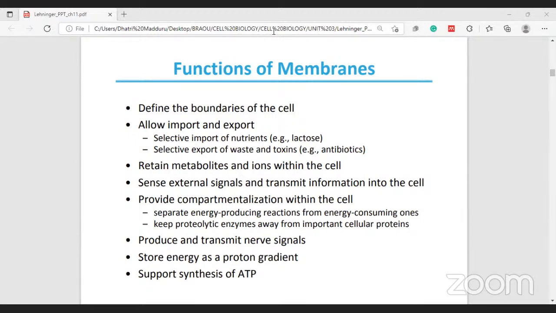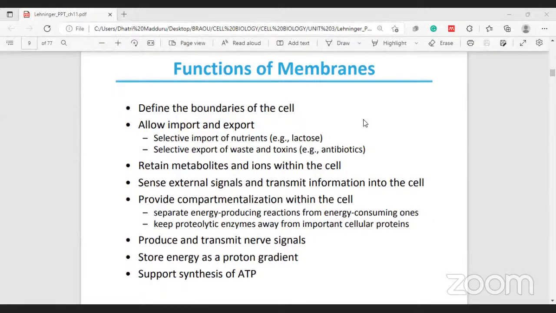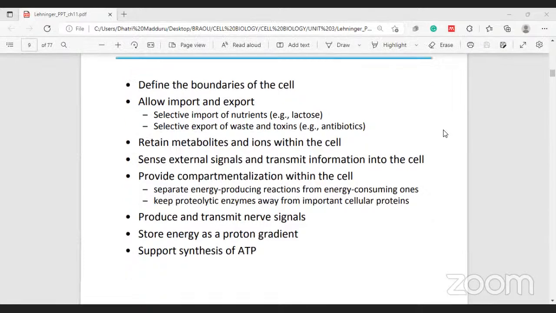So in the mitochondria especially, during oxidative phosphorylation, the energy has to be stored as a proton gradient, so that ATP is synthesized. So the ATP synthesis all takes place in the membranes of the mitochondria. So these are various important functions of the membranes.